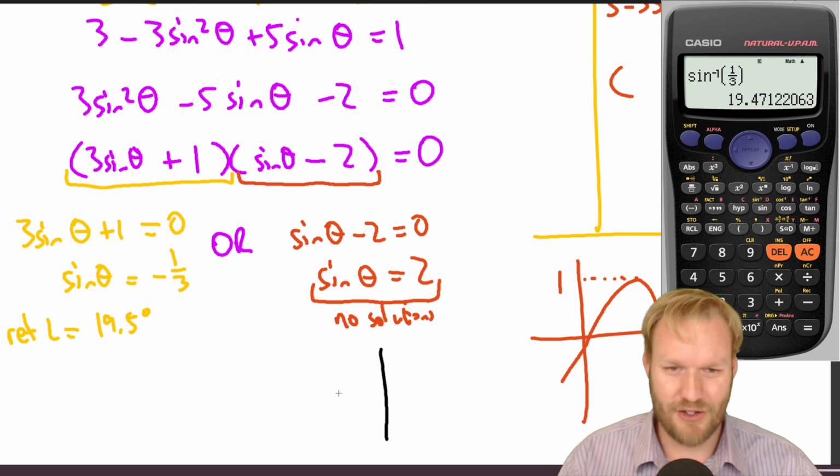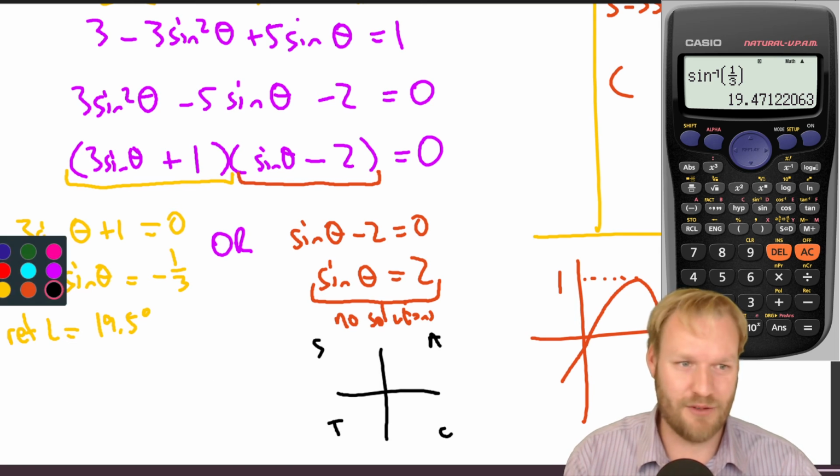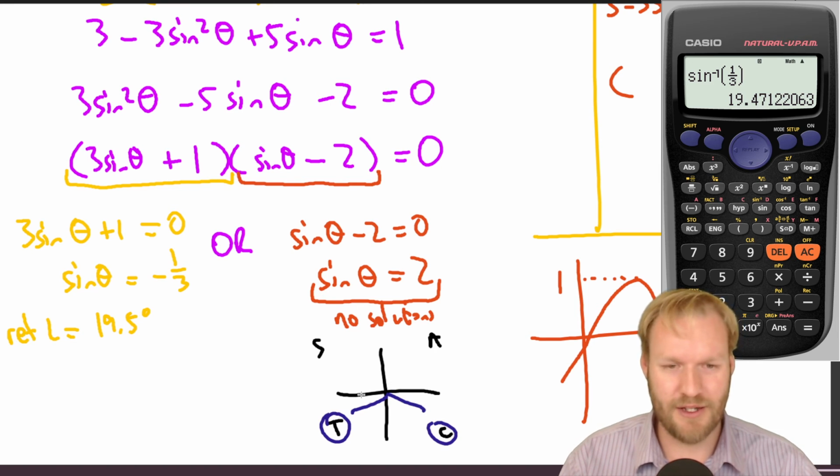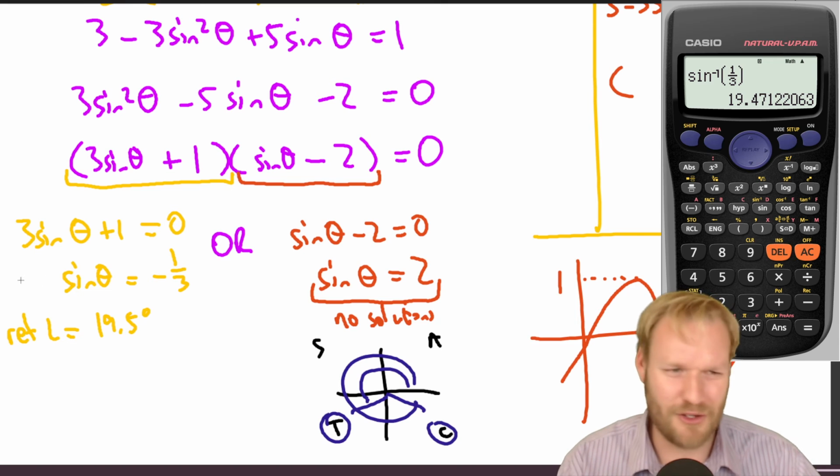Over here. So this is our CAST diagram for this yellow equation, and it's negative, so we must be in here and here, so we must be over there and over there. So we've got our two solutions there and there. That was not a great diagram, but you know, it'll do.